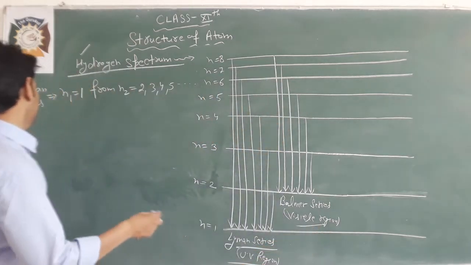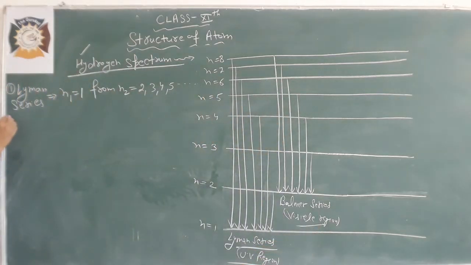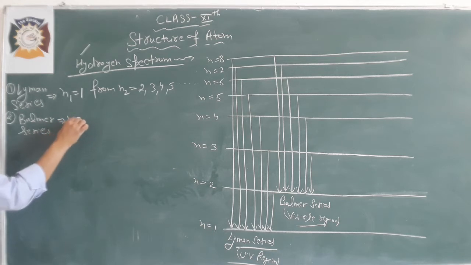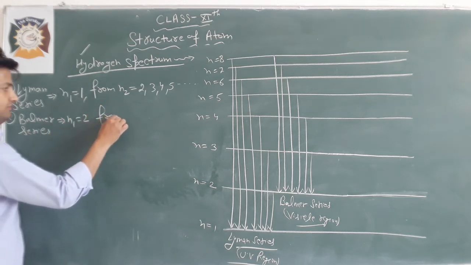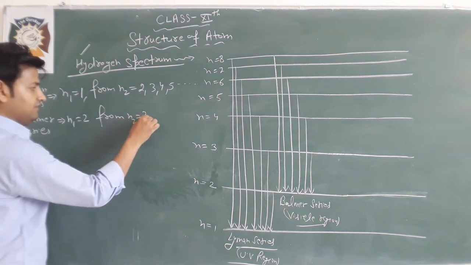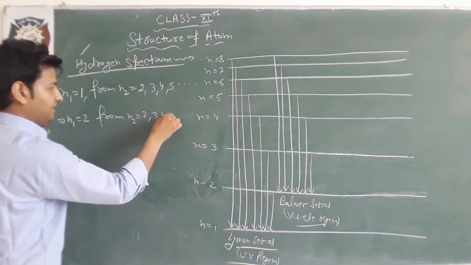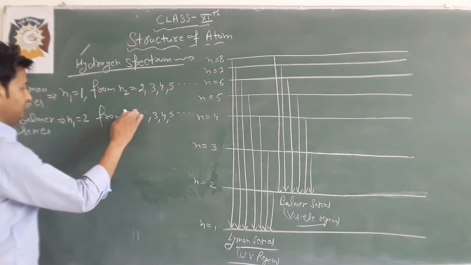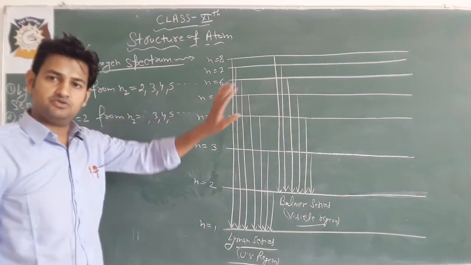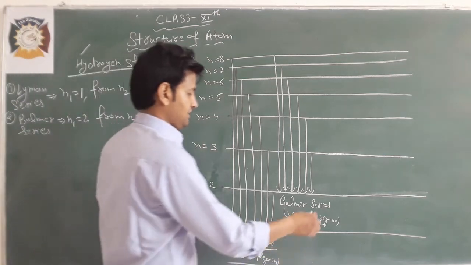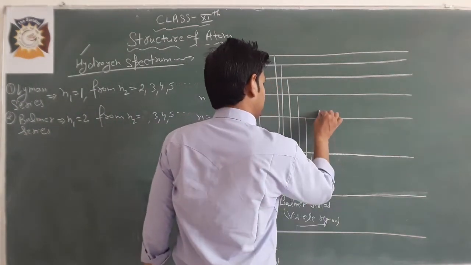So first is Lyman series, second is Balmer series. The electron jumps into the 2 from n2 equal to 3, 4, 5 and so on. Now next is when the electron jumps to the third.